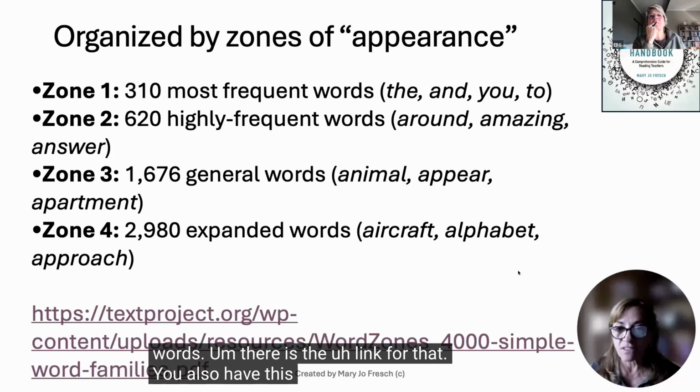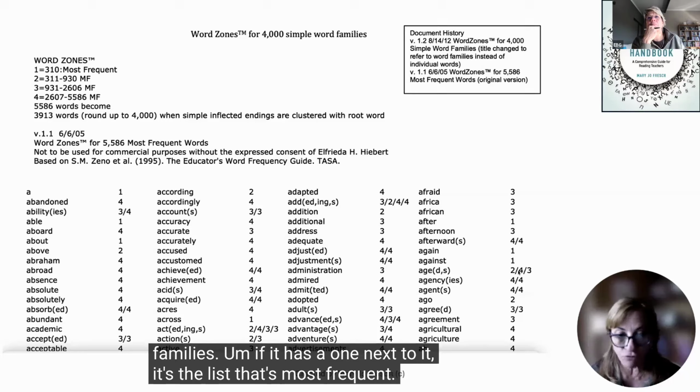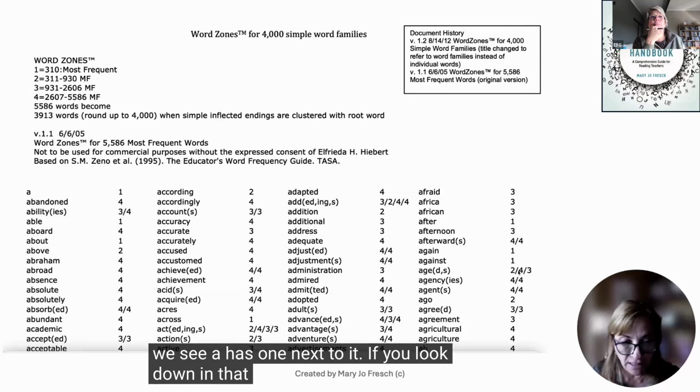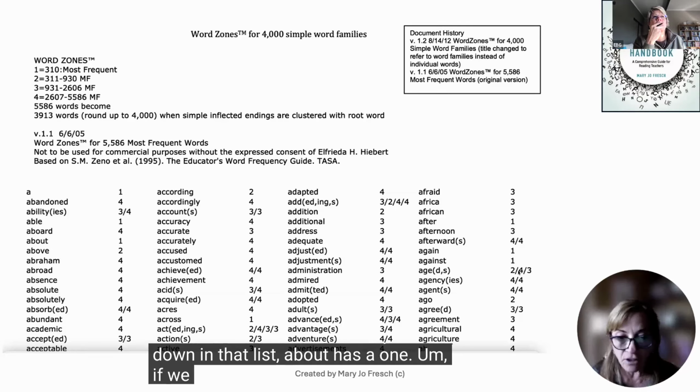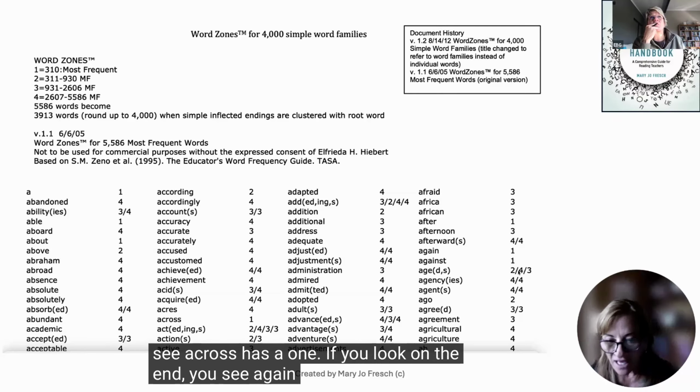You also have this link, and you can get to this list of the 4,000 simple word families. If it has a 1 next to it, it's the list that's most frequent. So we see A has one next to it. If you look down in that list, about has a one. If we look at the column next to it, we see across has a one. If you look on the end, you see again has a one.